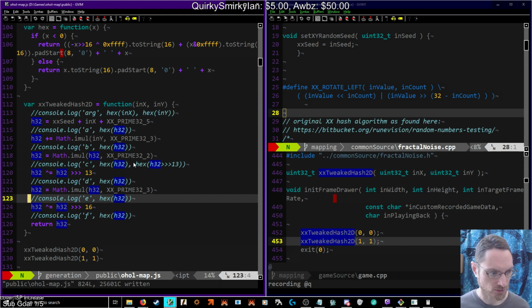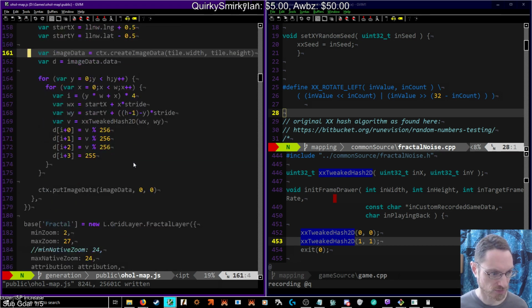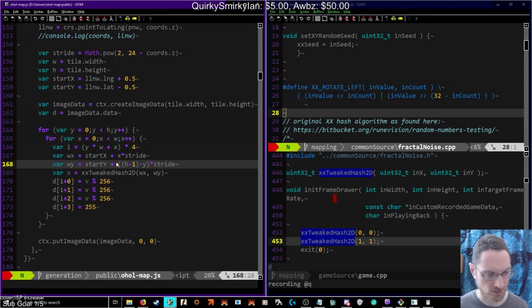So that is a hash function, which is going to be an important piece of the puzzle. It's not the entire puzzle, but it's a piece of it.